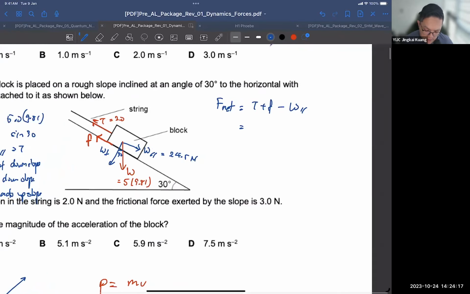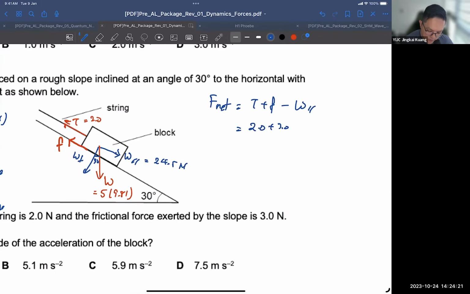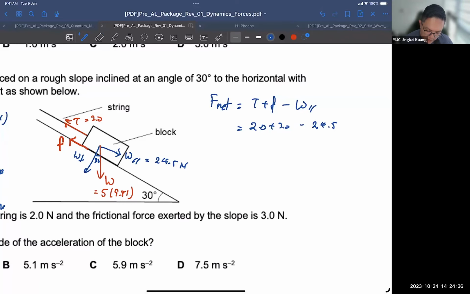So this will be 2.0 plus 3.0 minus 24.5. Then from here you get negative 19.5 newtons. That means this is pointing down the slope.